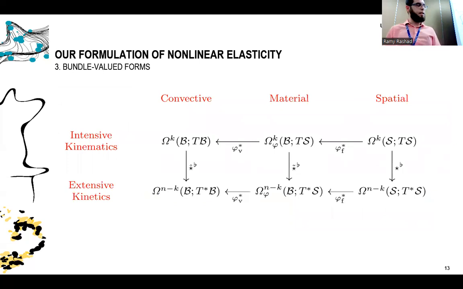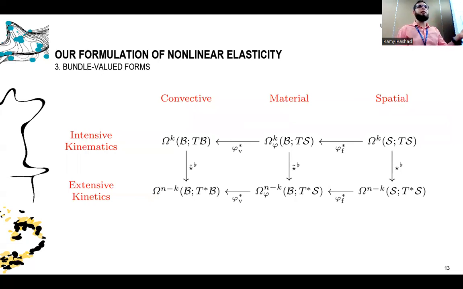So this is our choice of the formulation of nonlinear elasticity. We're going to represent all of the kinematic variables as vector valued forms, while all of the kinetics variables will be covector valued forms, or more precisely, covector valued pseudoforms.